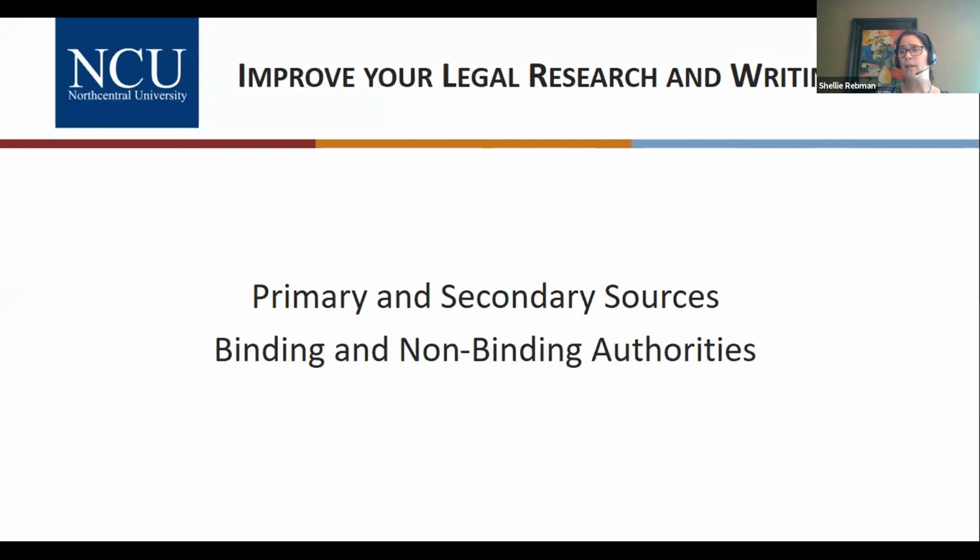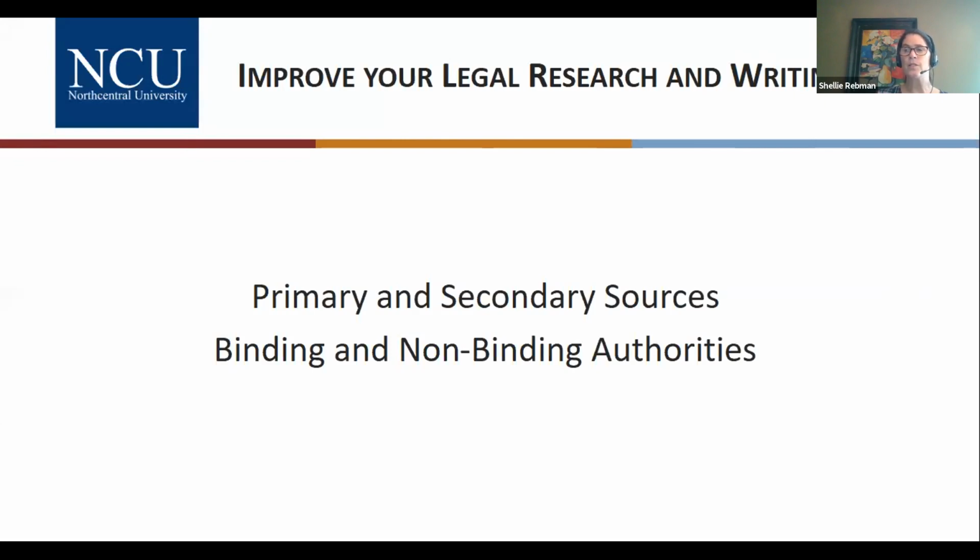If you still aren't having any luck finding applicable case law or statutes, you can look to secondary sources. Secondary sources are treatises, law journals, ALRs. There's lots of different types of secondary sources.